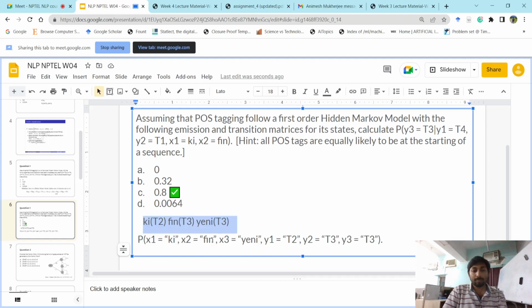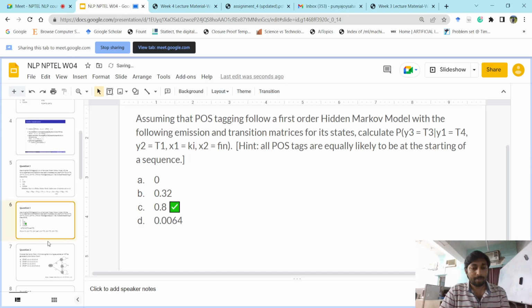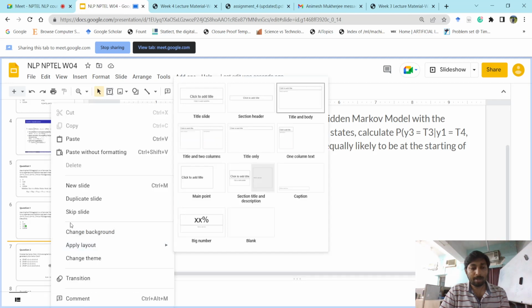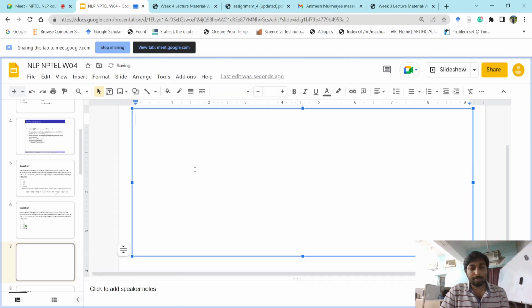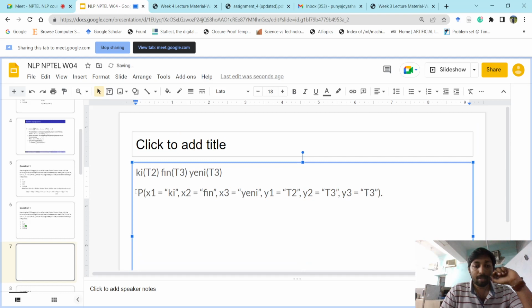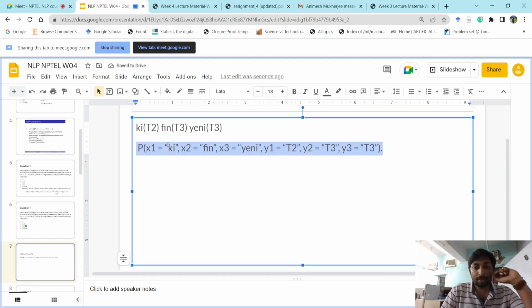So y1 is given as t4, right? No, no, I am asking, this is a separate question, not related to this one. We have to find out the probability of this sequence.